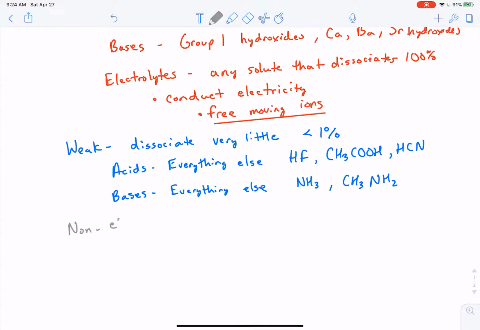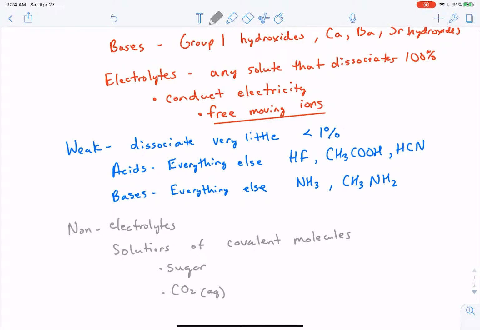Non-electrolytes are essentially solutions of covalent molecules. Okay, so things like sugar, like even CO2 dissolved in water.